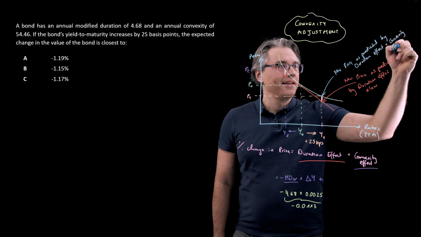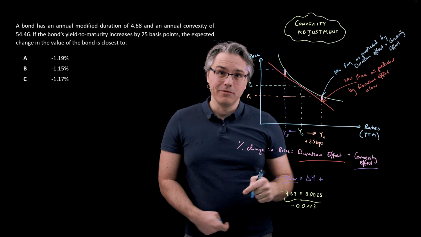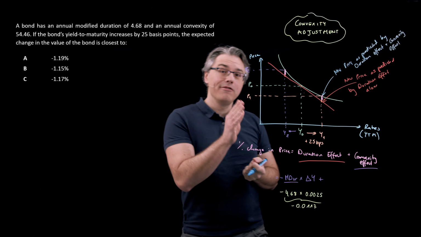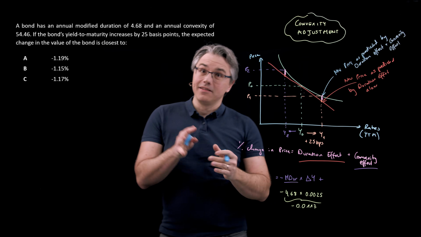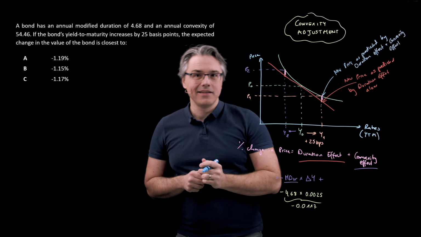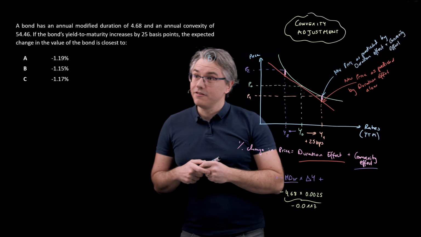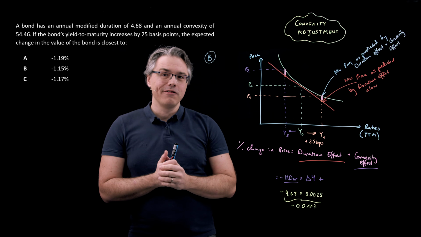And as I said, the drop will be less severe than 1.17. And if you look at the possible answers to the question, there's only one single answer which satisfies this condition, that the drop is less than 1.17%, and that is answer B, which actually says 1.15%, doesn't it? So I've already answered the question. I don't need to go any further.